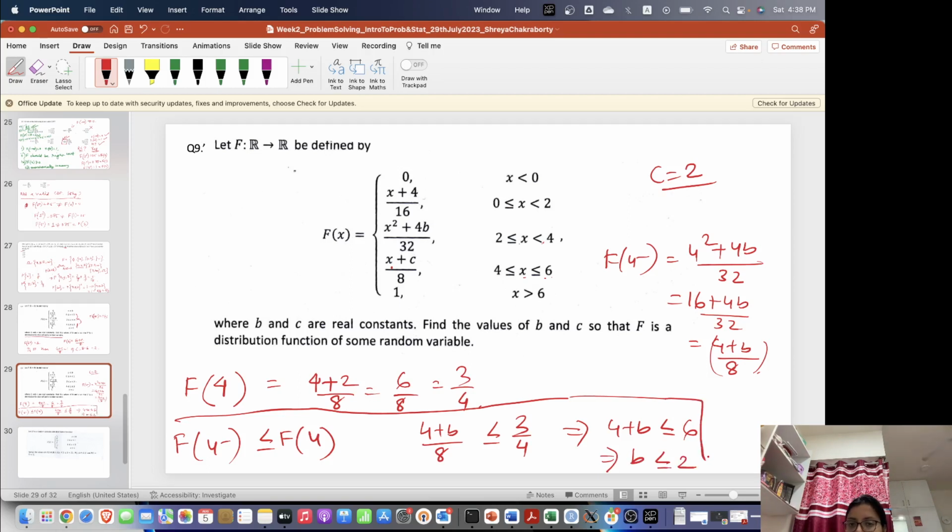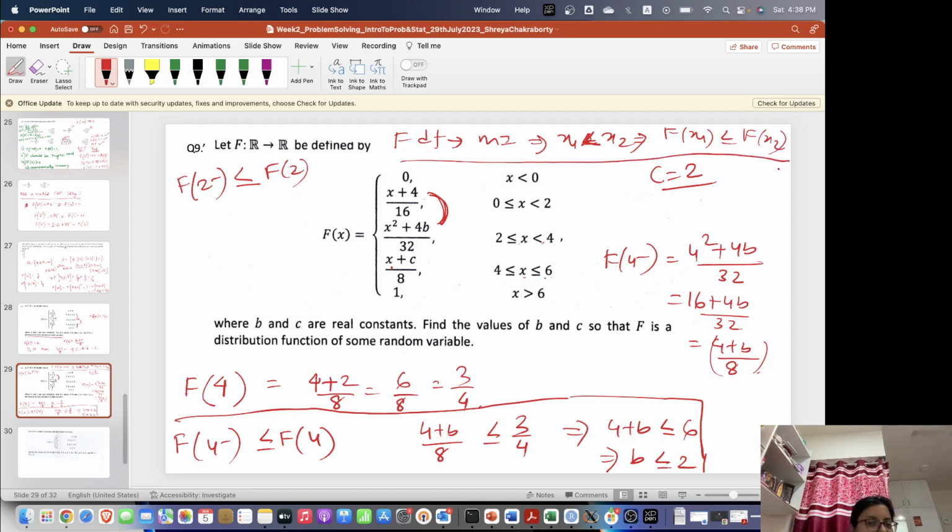Okay. So this is one equation, b is less than or equal to 2. The same thing we are going to apply, comparing these two right now. So f of 2 minus should also be less than or equal to f2, because this is a distribution function and it should be monotonically increasing, which means x1 less than x2 implies f(x1) less than or equal to f(x2). This is the property that we are utilizing over here.